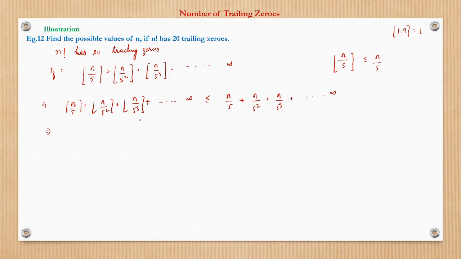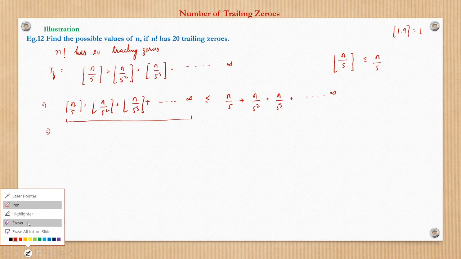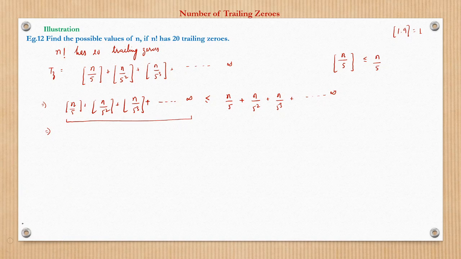Now see, the term on the left is nothing but tz, right? And the right side is a GP series, a geometric progression.